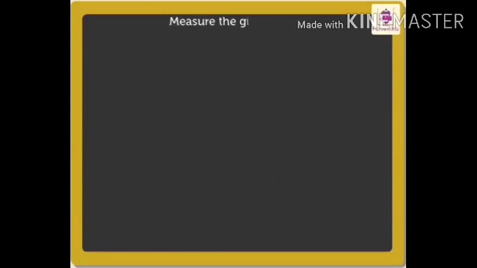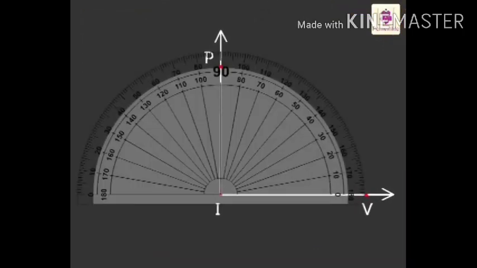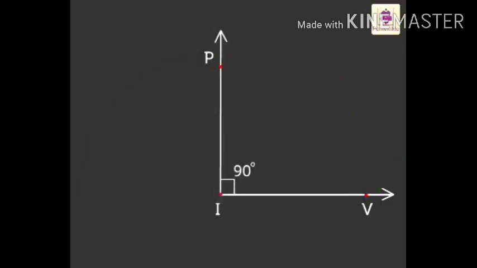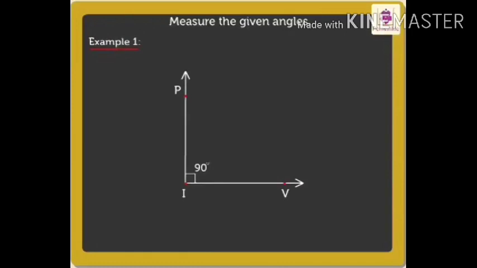Let's measure a few more angles. Look at the figure. On measuring, we get the measure of the angle PIV as 90 degrees.